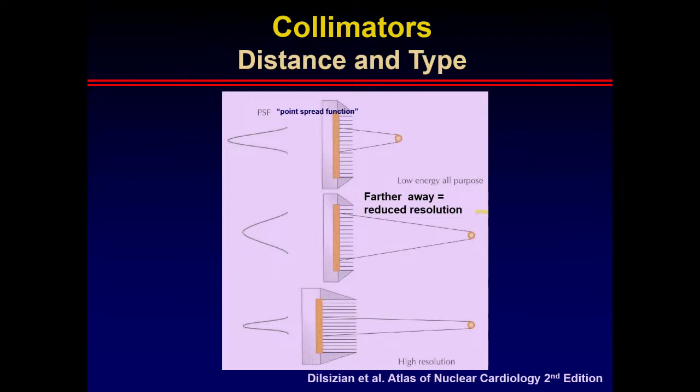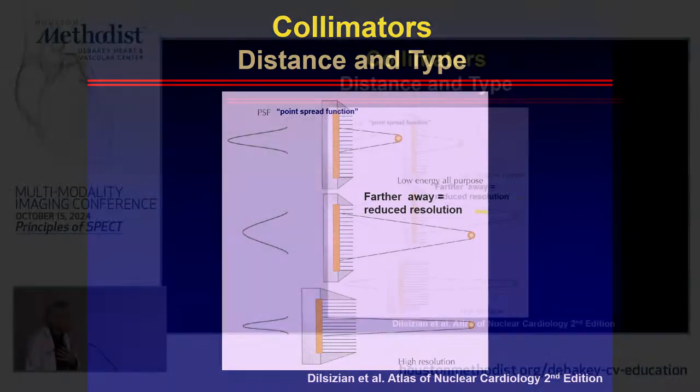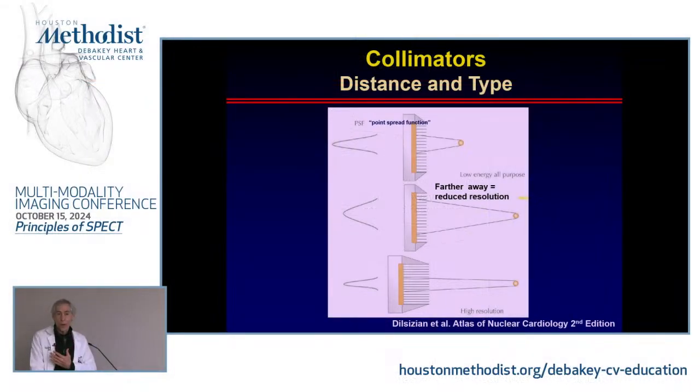That's one of the reasons why, when we do cardiac imaging, we try to get the gamma camera face as close to the body as possible so that we keep the point spread function as narrow as possible in terms of being able to discriminate between points. And so the closer you are, the better the spatial resolution. The further away you are from the collimator, the worse the spatial resolution.